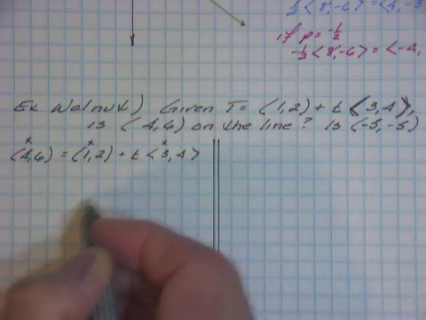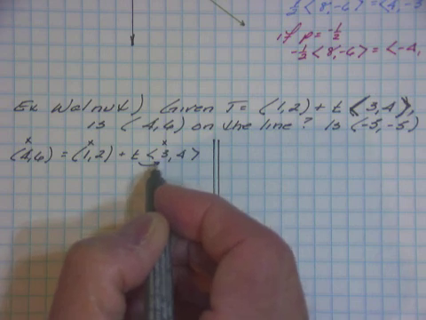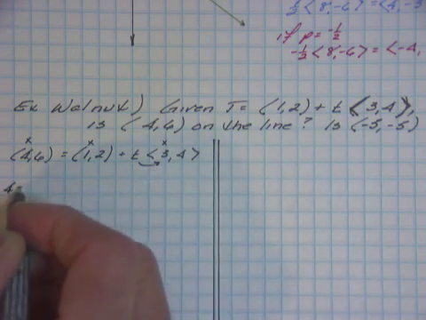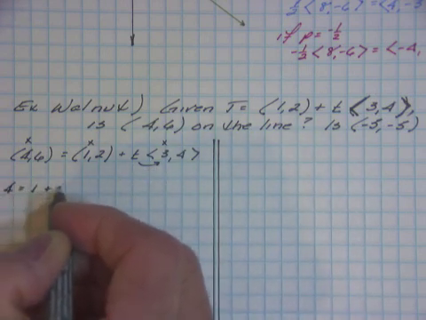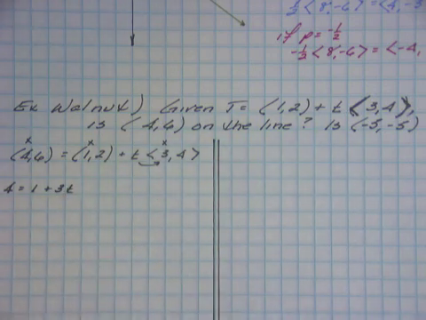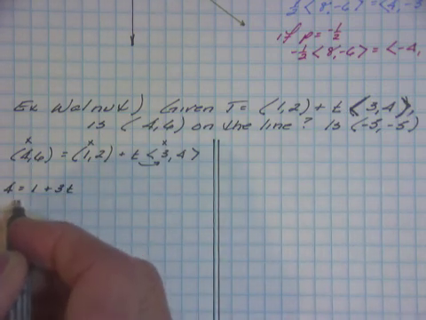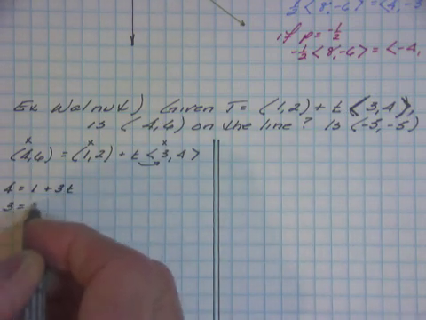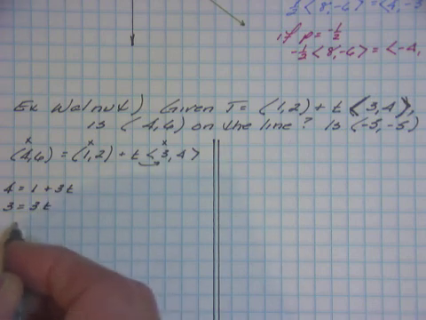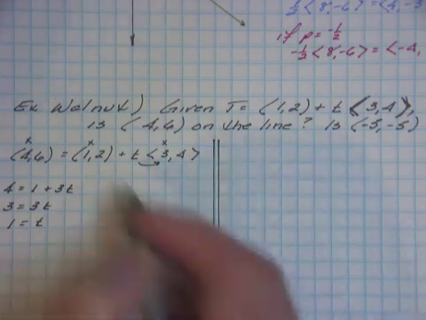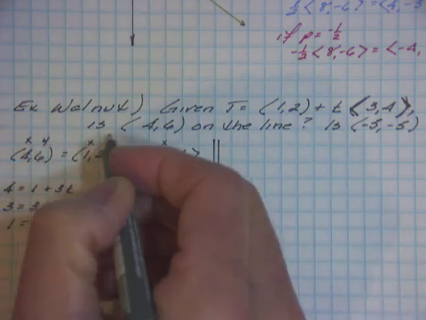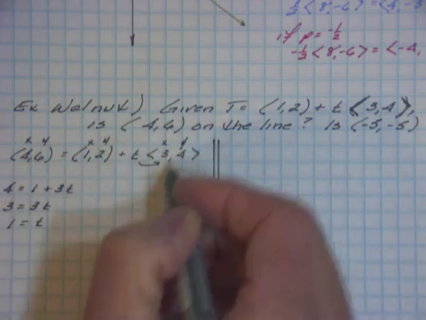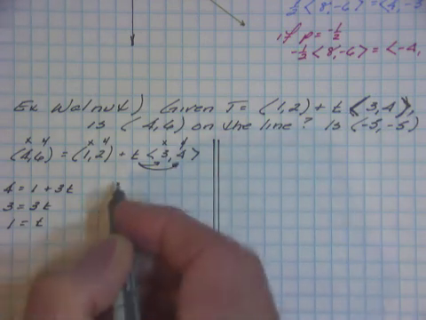We're going to see if the left side equals the right side. Does 4 equal 1 plus 3t? Subtract 1 from both sides, and you get 3 equals 3t. Divide both sides by 3, and 1 equals t.